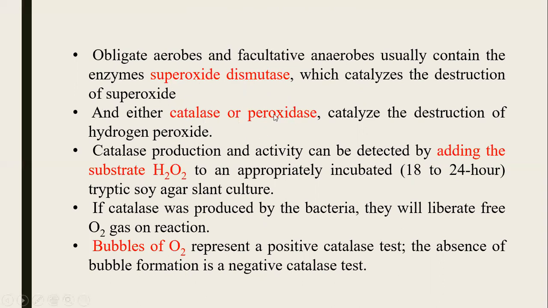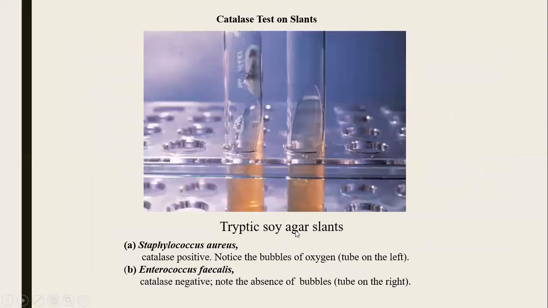That is why oxygen is toxic to anaerobic organisms. Here you can see the formation of bubbles in the first tube. So it is positive. Notice the bubbles. Positive is Staphylococcus aureus, catalase positive. And the next one, no formation of bubbles, Enterococcus faecalis. This is negative.